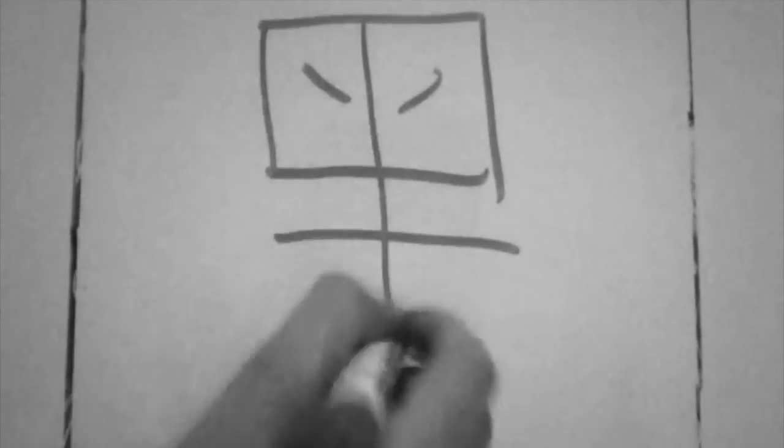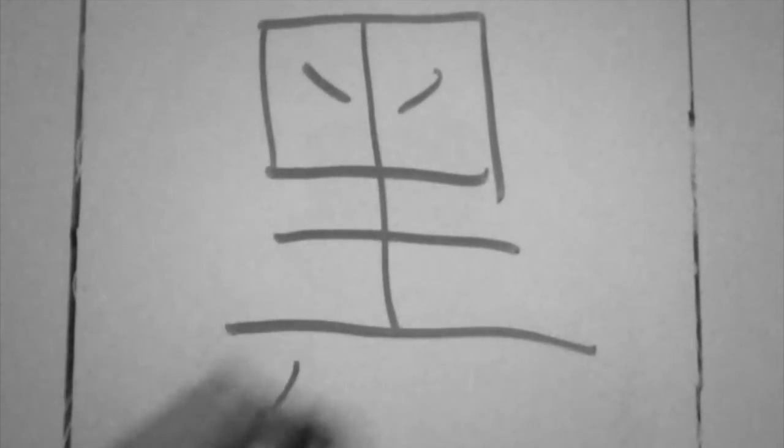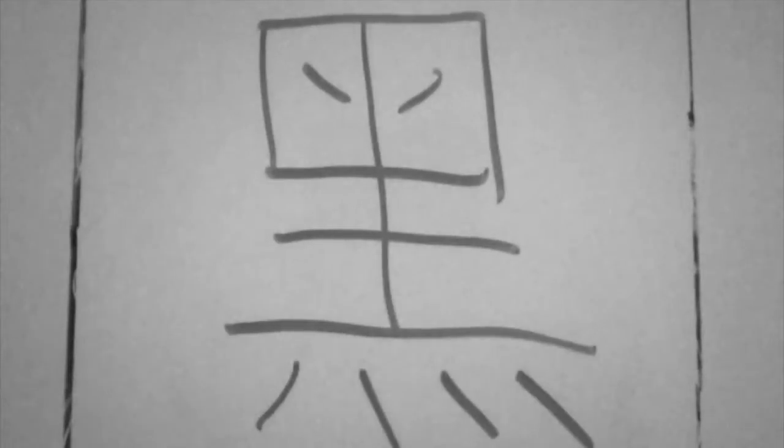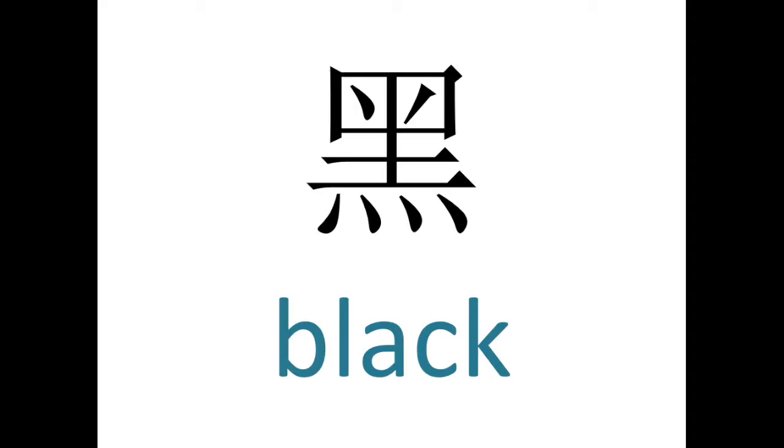The next character we're going to learn is the character for black. I think it kind of looks like a creepy alien, like he's gonna waddle over to you and do something. And what's interesting is this whole character, it's huge, can act as a radical in and of itself. So there's no point to break radicals into smaller parts, but the part on the bottom is another radical.